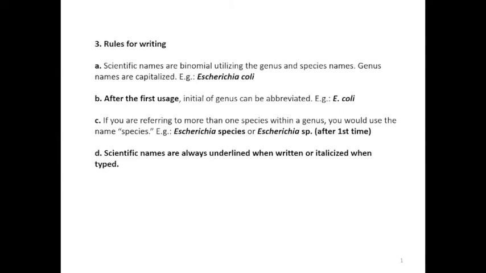Yeah? It's not specific. Awesome. Yes. And here's another little tip: if it doesn't sound Latin, you don't italicize it. Okay? So, species, you don't italicize the word species. So you're talking about the whole species. Escherichia species.